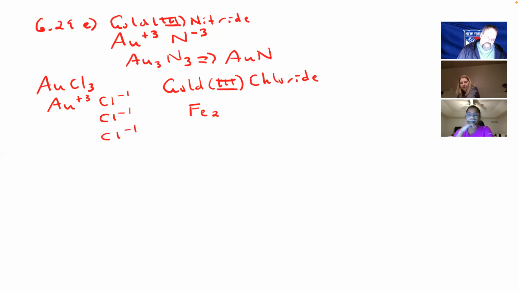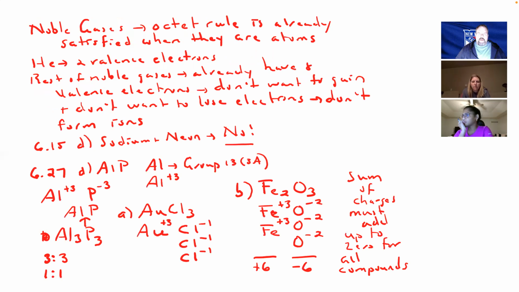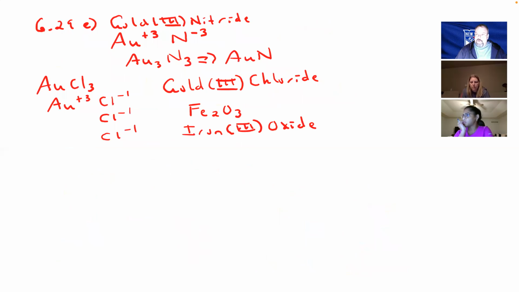We did Fe2O3. Based on the work we did, that compound would be iron 3 oxide, because again, iron is a transition element. We did the work to figure out what the charge of the iron ions were going to be, so we have to include that in the name. So that would be iron 3 oxide.